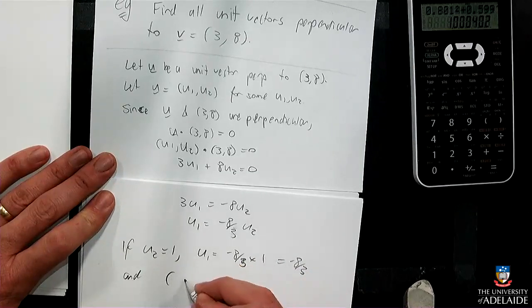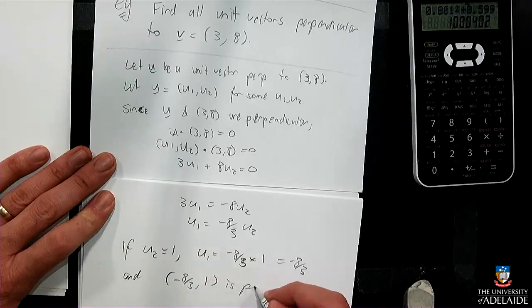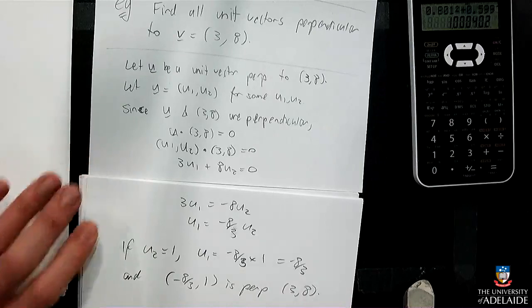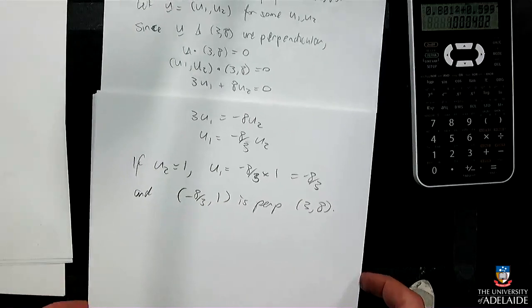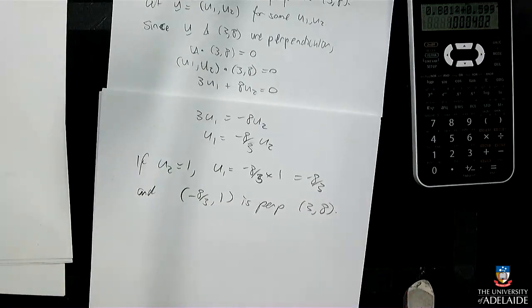And the vector (minus 8/3, 1) is perpendicular to (3, 8). Now, any multiple of this vector will also be perpendicular to (3, 8). And so I might actually say that.